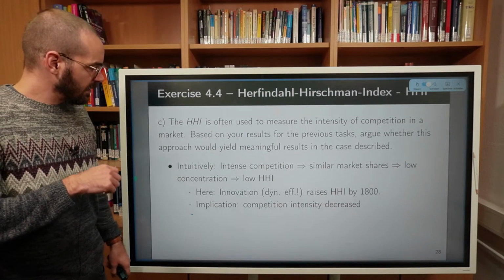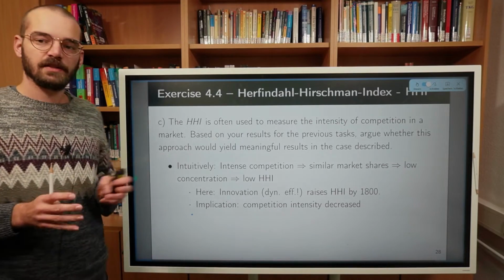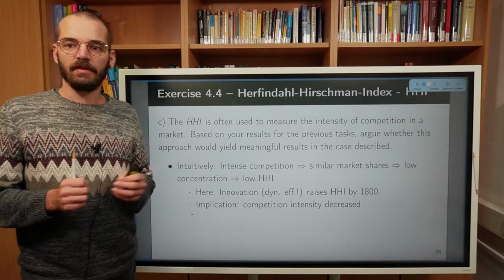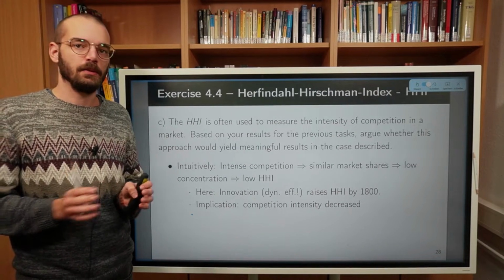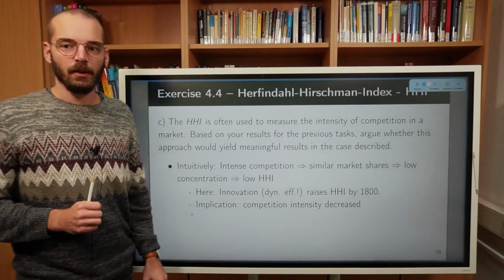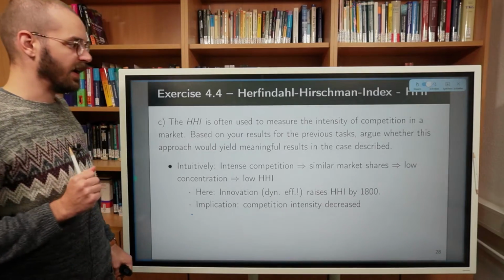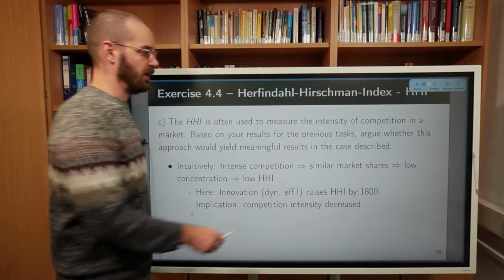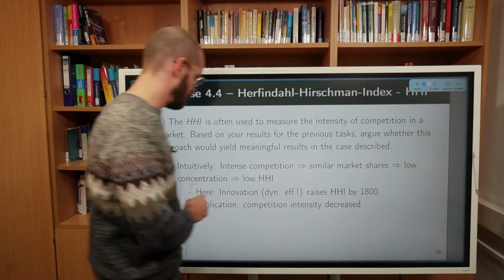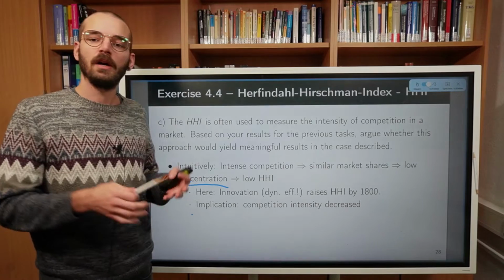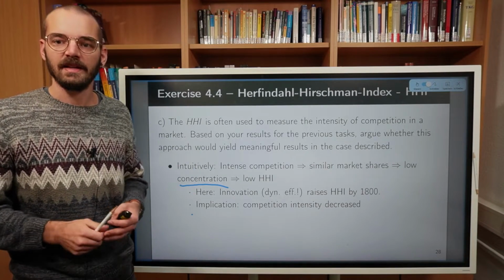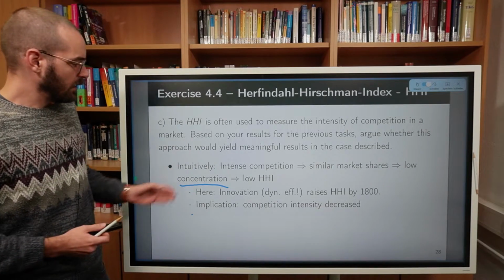Intuitively, intense competition would result in a situation where firms have similar market shares. When there are similar market shares, there is a low concentration of the firms in the market, and we should see a low Herfindahl-Hirschman Index as well.